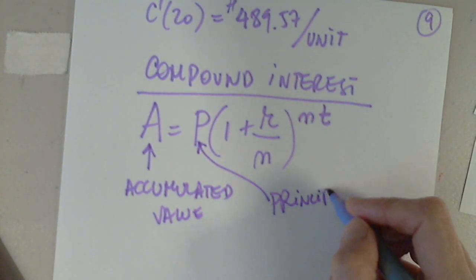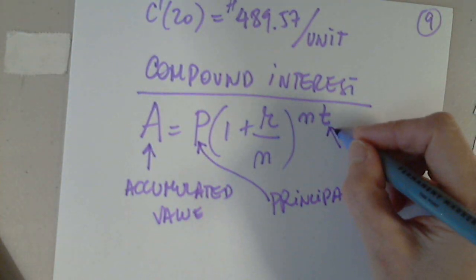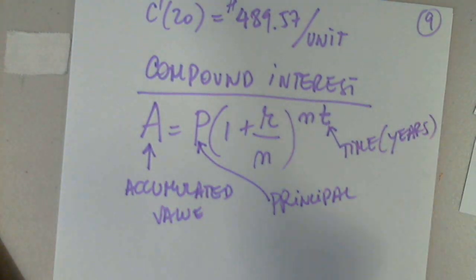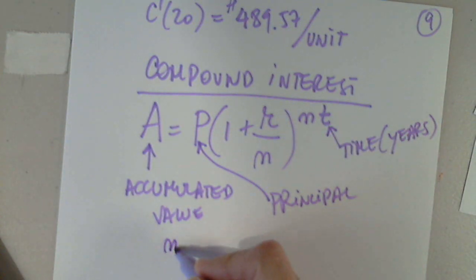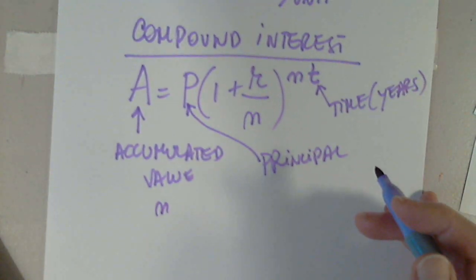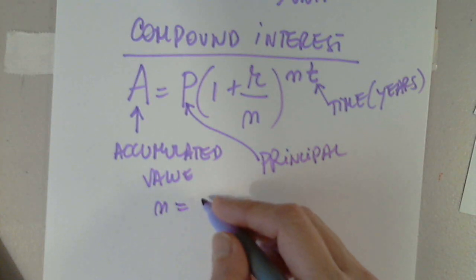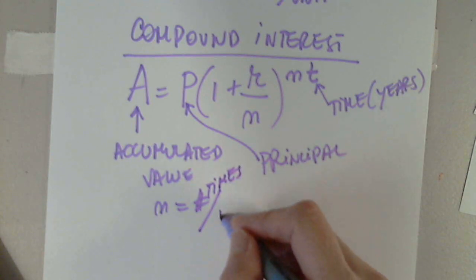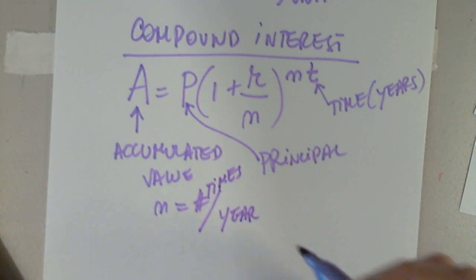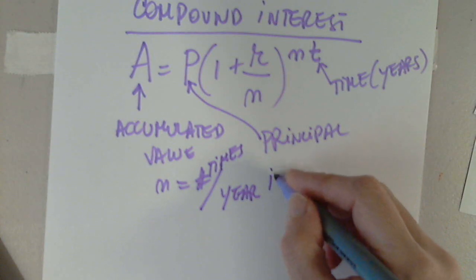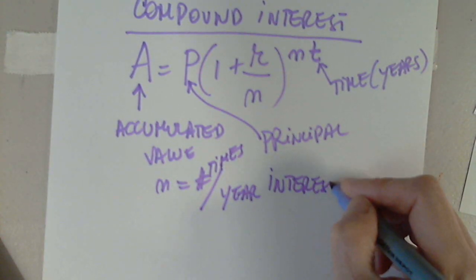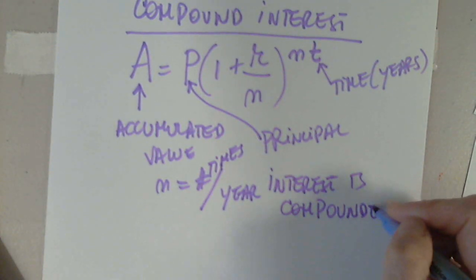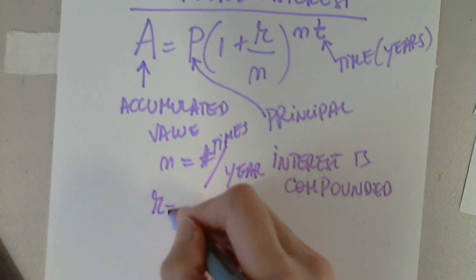This is time in years. This is n. N is the number of times the interest is recalculated. We say compounded. The number of times per year interest is compounded. R is the annual interest rate.